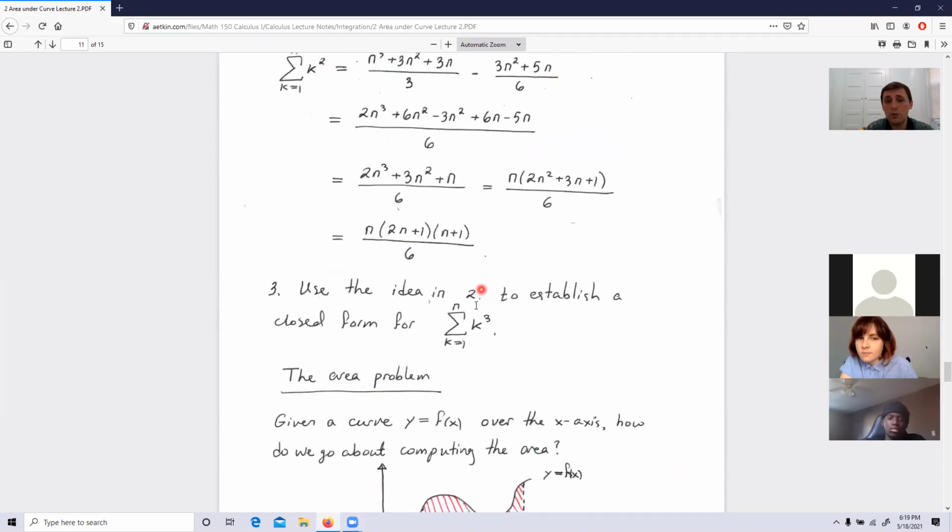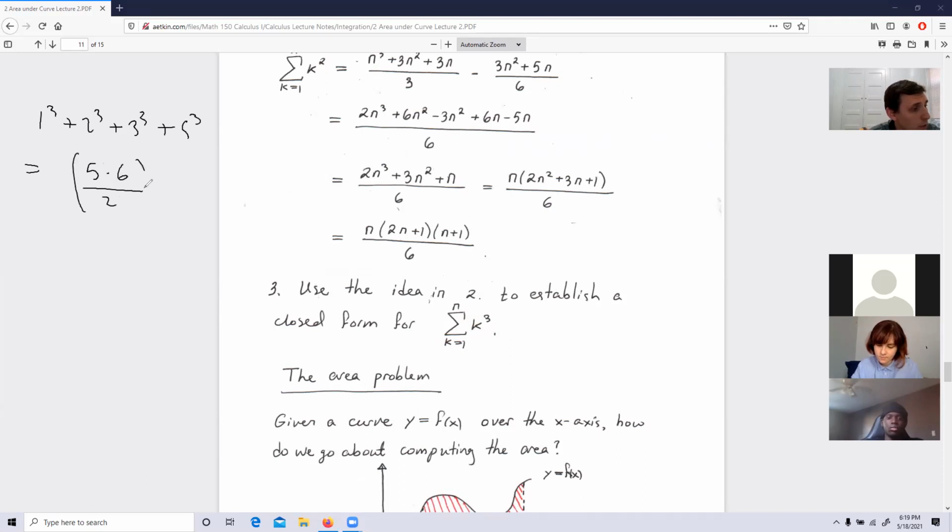Good. You should think about figuring the formula for k cubed, and the result you will get if you figure it out. Basically, 1 cubed plus 2 cubed plus 3 cubed, let's say up to 5 cubed, guys. What would that be? That would be 5 times 6 divided by 2, all of it squared. Okay, that would be the summation.